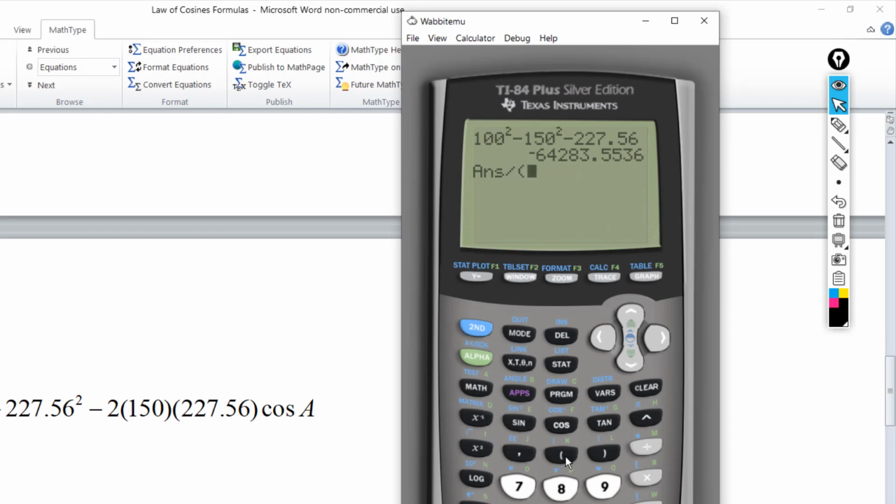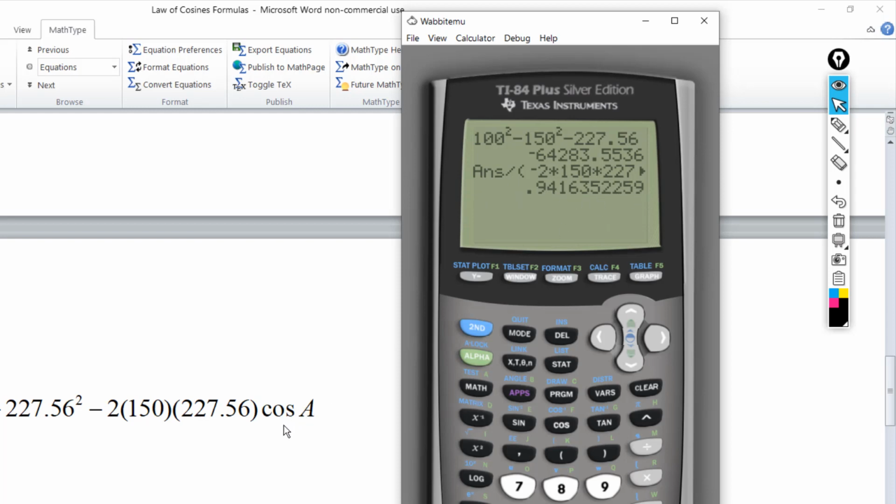That's divided by minus 2 times 150 times 227.56. Using parentheses here, just use the times. Close this, and let's hit enter. Then we get this number right here.